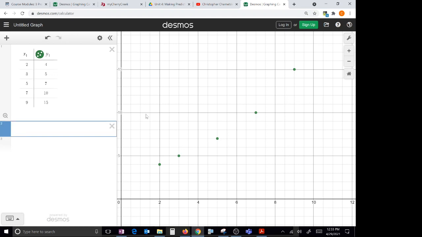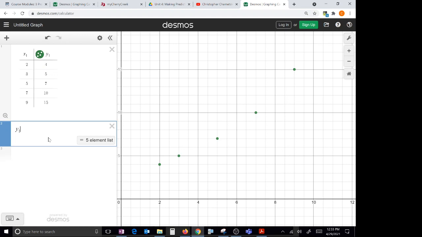The way that we do that in Desmos is we type in something that almost looks like the linear equation that you were taught in algebra, y equals mx plus b, but it's not quite y equals mx plus b. It's going to be y1, because that's our list here for y1.